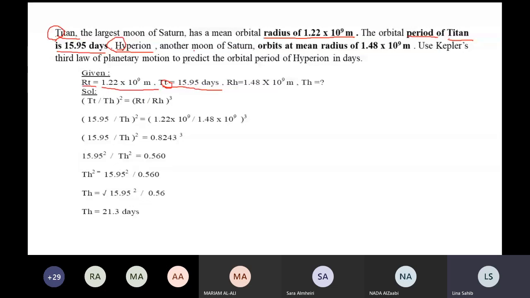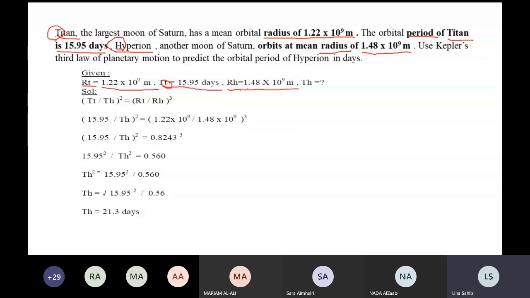The orbit of Hyperion around Saturn has a radius, so R for Hyperion is equal to 1.48 times 10 to the power 9 meters. Use Kepler. So R for Hyperion, how much? RH is 1.48 times 10 to the power 9.